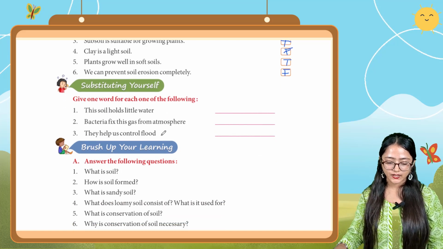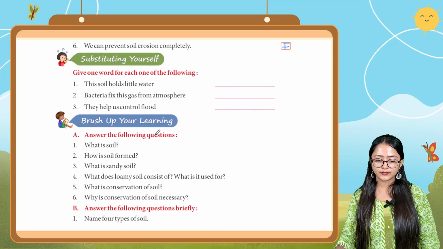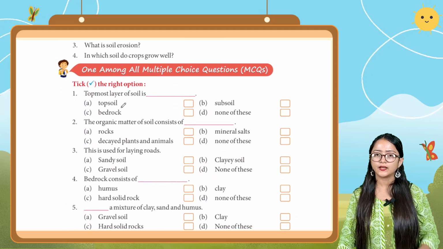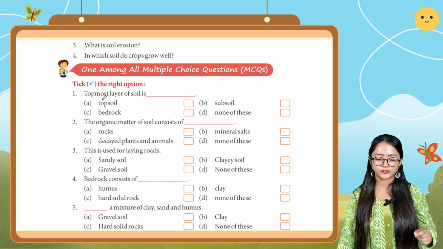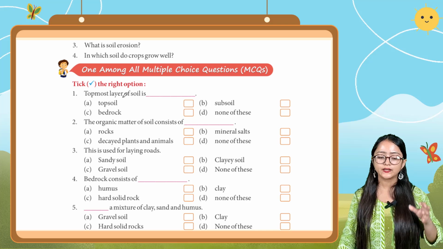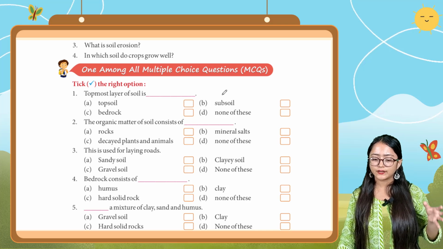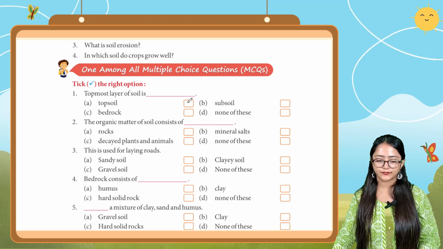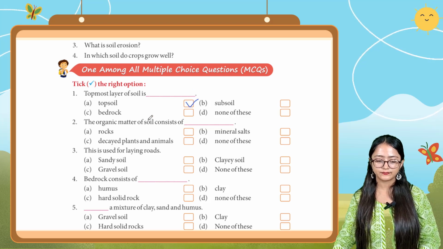Okay. Now the another one is MCQ, that is tick the right option. So the first question is, topmost layer of soil is known as topsoil, subsoil, bedrock, or none of these. It is topsoil. So just tick topsoil.